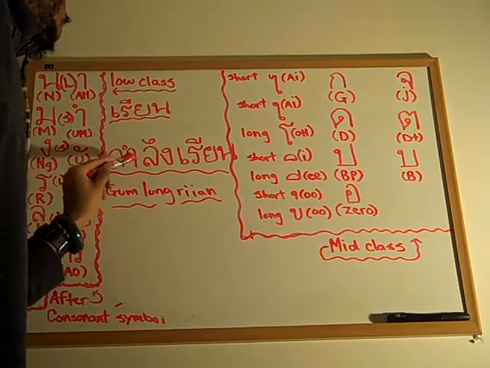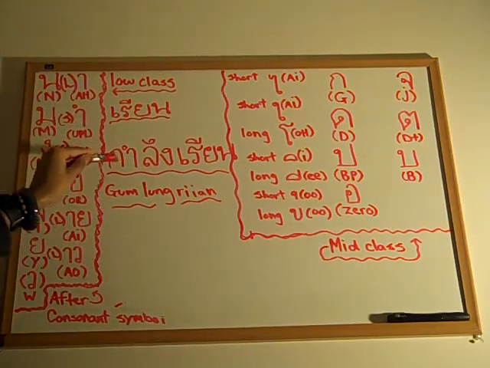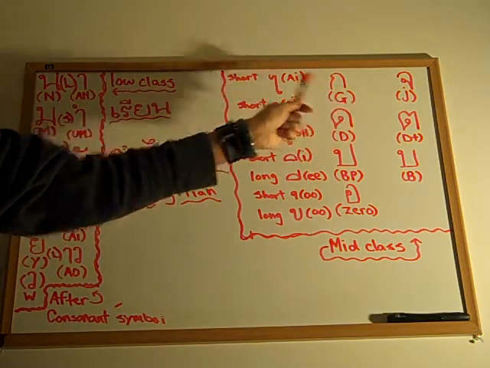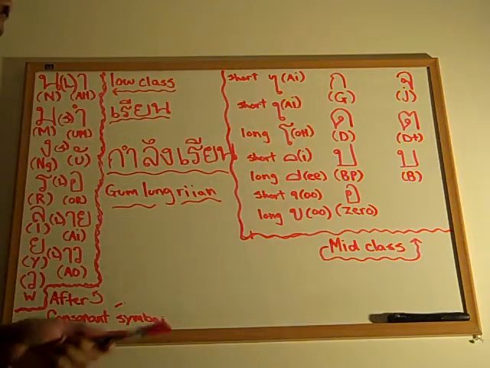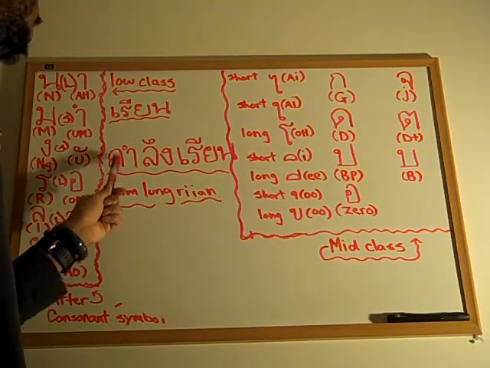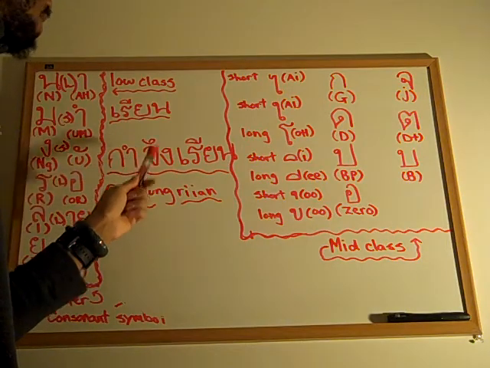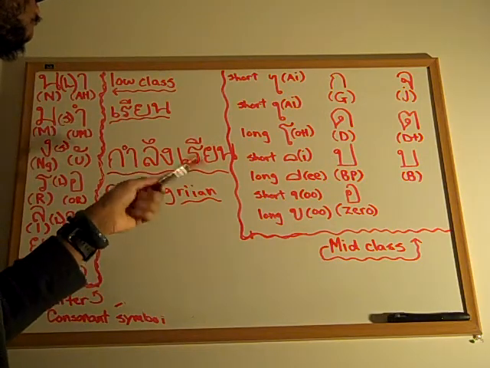Rien. So we have the g here, which is from over there in this section. This is from the mid class. This is the mid class consonant. So gum, and then lung. I think the l is in the high class. We don't have that included, but you will see it later.